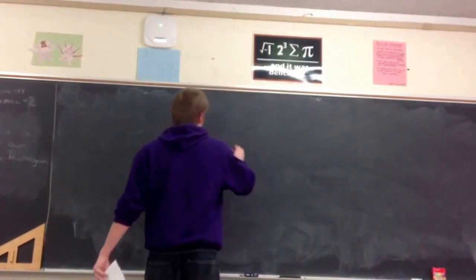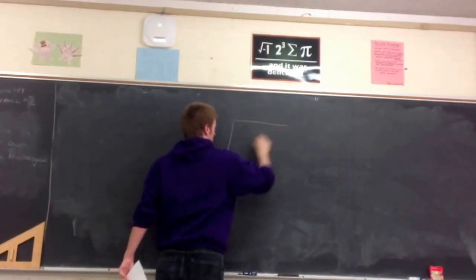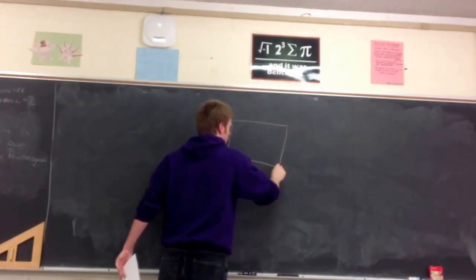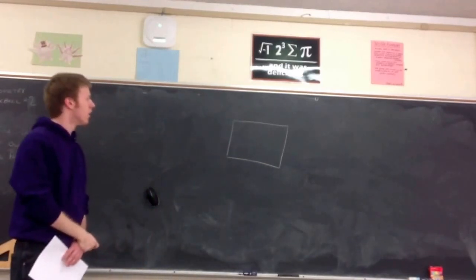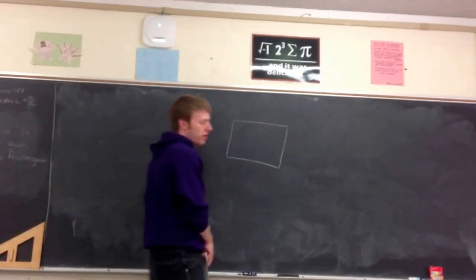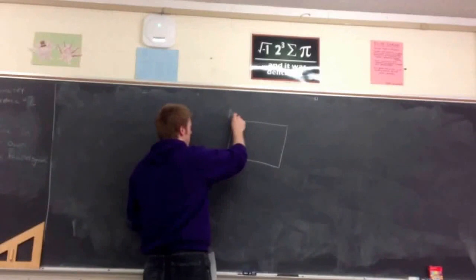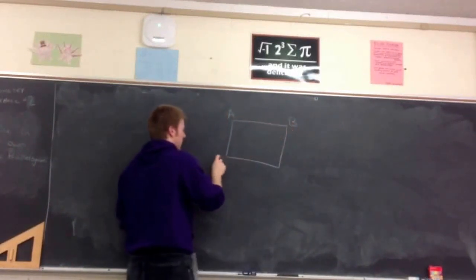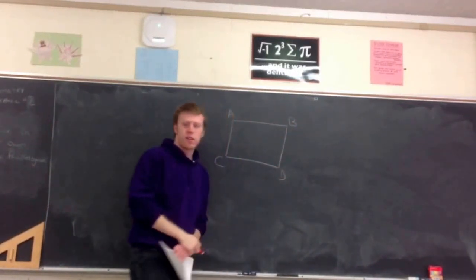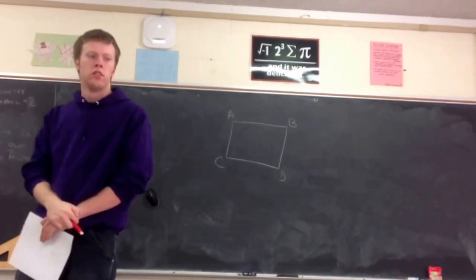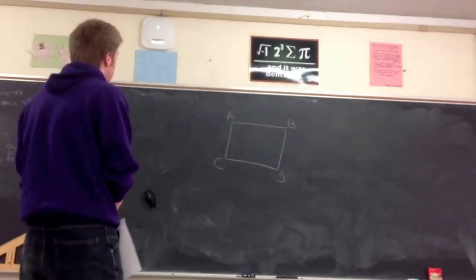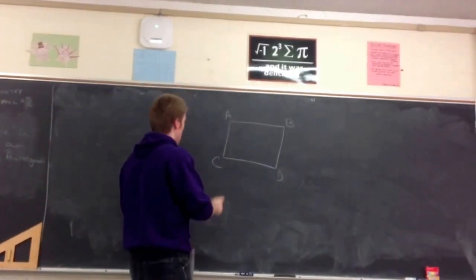If it's a parallelogram, then opposite sides are congruent. If I say that ABCD is a parallelogram, then the opposite sides are congruent.